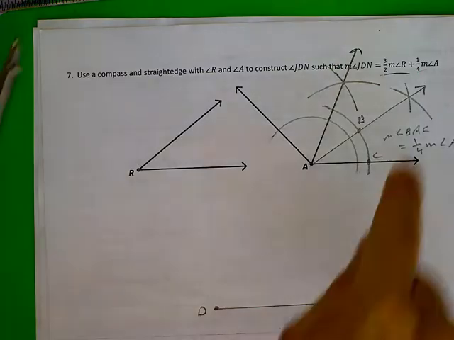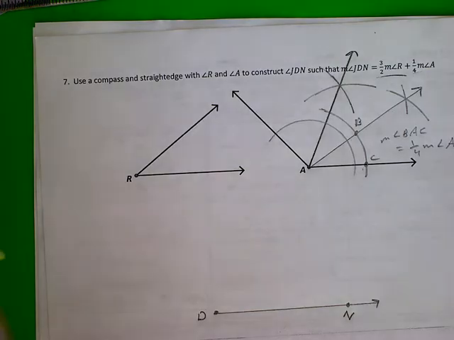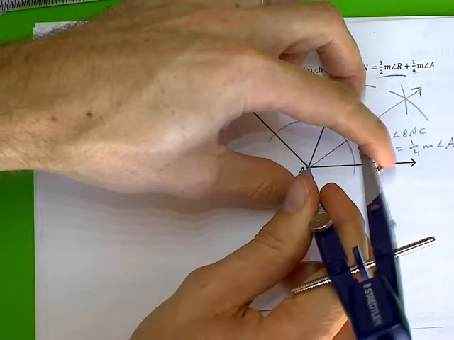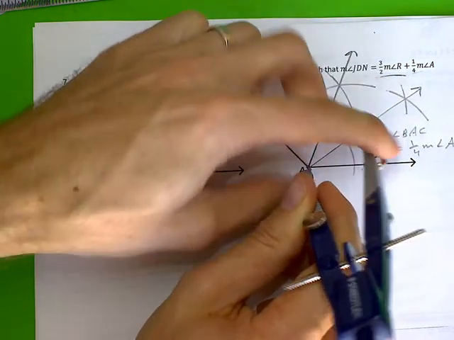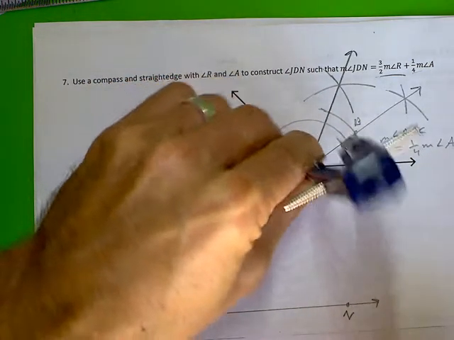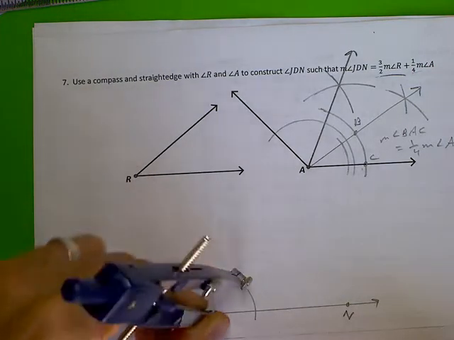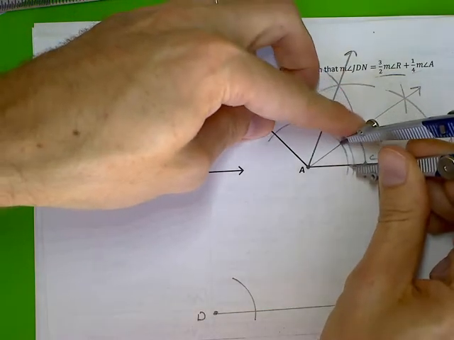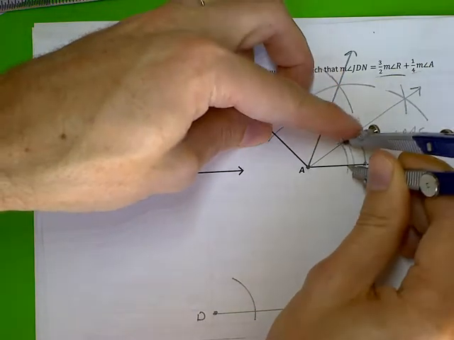So first I'm going to copy 1/4 of angle A onto this ray. So to do that, again I need to pick some length. And draw an arc across it. And draw an arc of the same length over here. Okay. Now I need to measure the width across on the same arc that I used right there. Just a little bit.